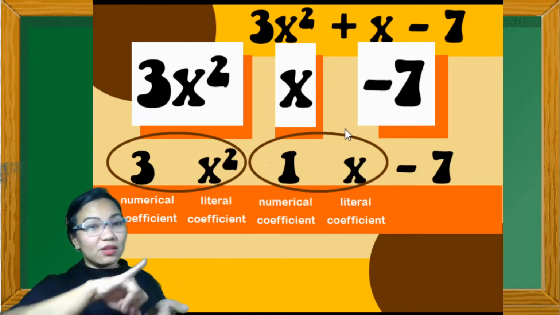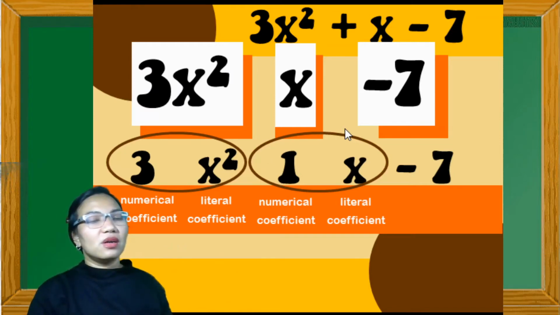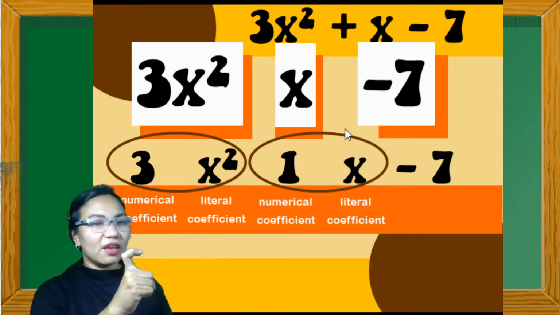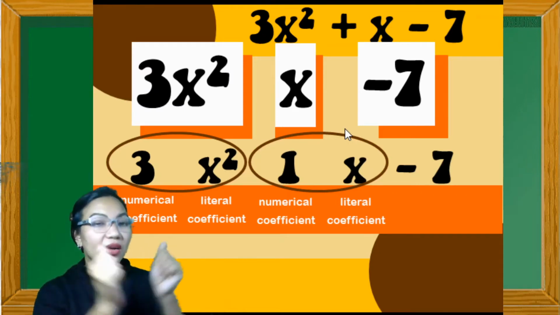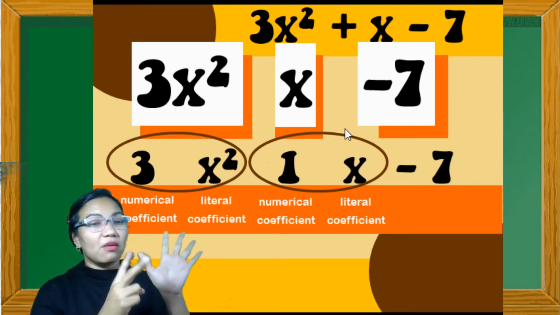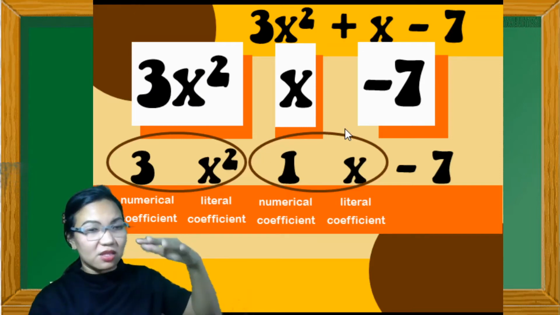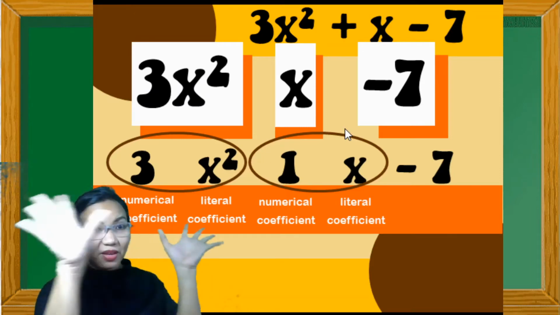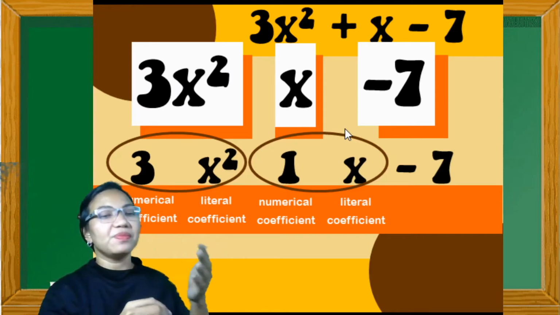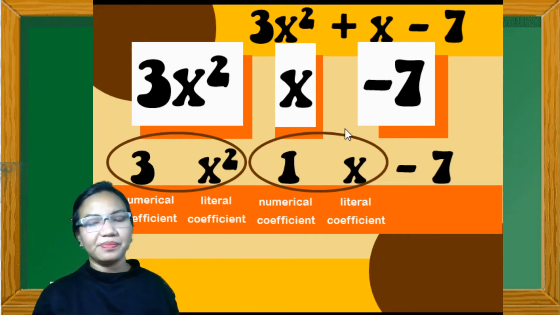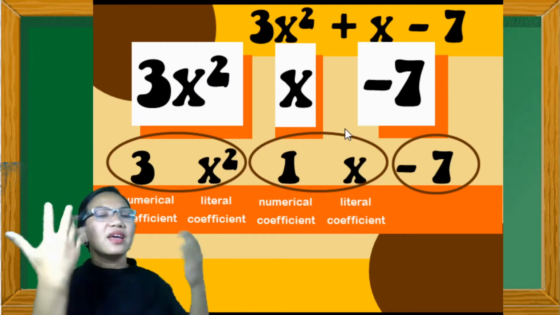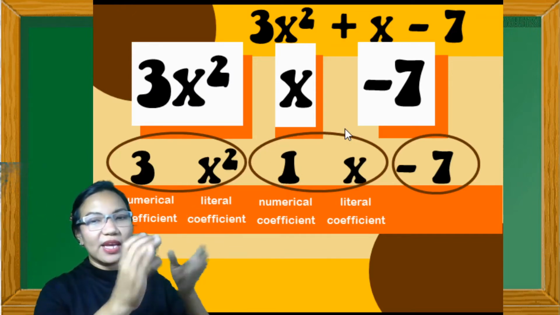So you, as junior high school students, must already be aware that x has a corresponding numerical coefficient if it doesn't appear. Here, that is 1x, but to write it, it's just x. Then following the circular, here is the negative 7. Yes, that's the constant.